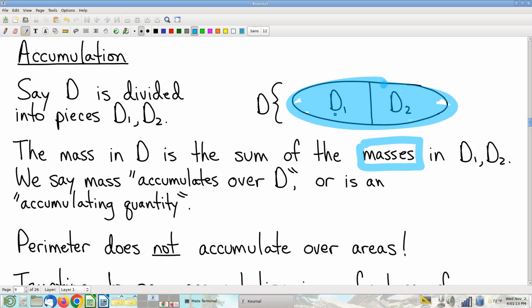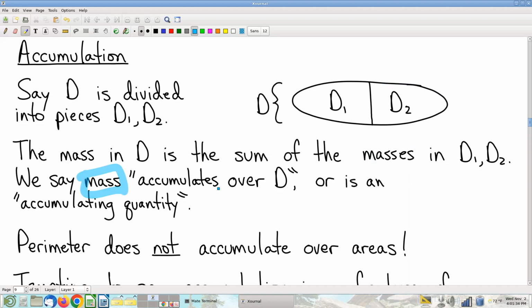There's only so much mass, and you can draw little lines and separate it out however you like, but the mass doesn't just disappear. And the mass doesn't spontaneously generate, right? There is a conservation of mass, and so mass has this feature that I like to call accumulating. So mass accumulates over the area, or you can say mass is an accumulating quantity.